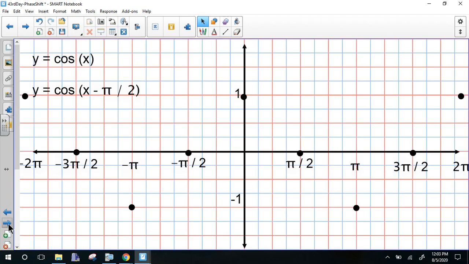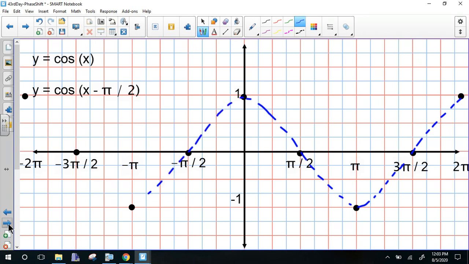So let's graph cosine. I'm going to graph the parent function. Cosine looks like this. And then I'm going to take every one of those points and I'm going to move it to the right a half pi. So this one moves to here.